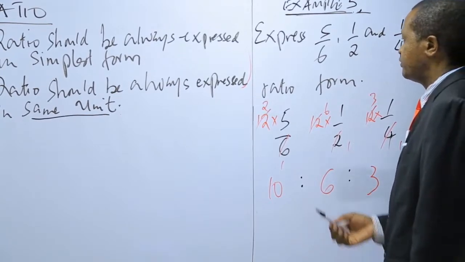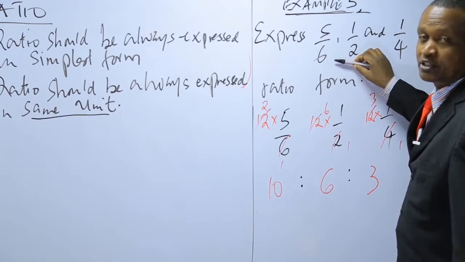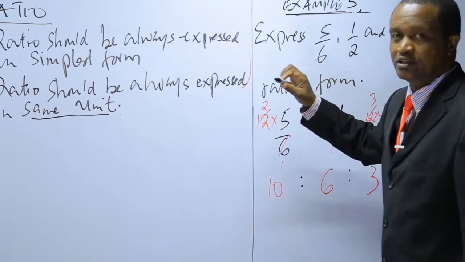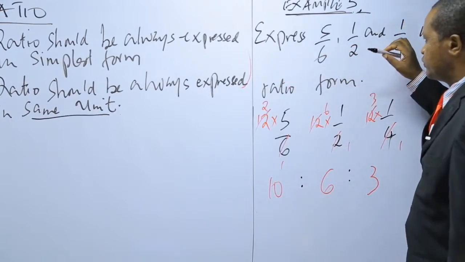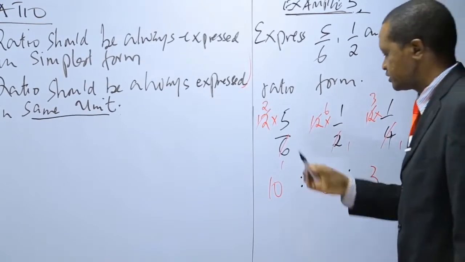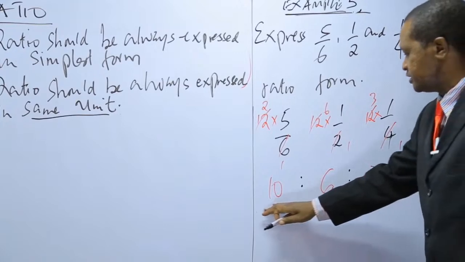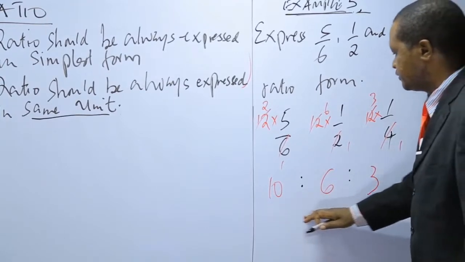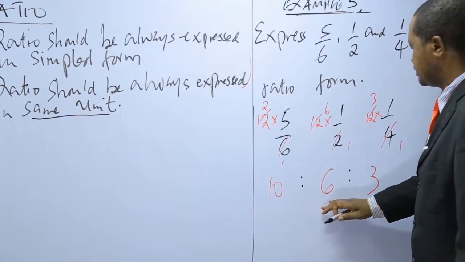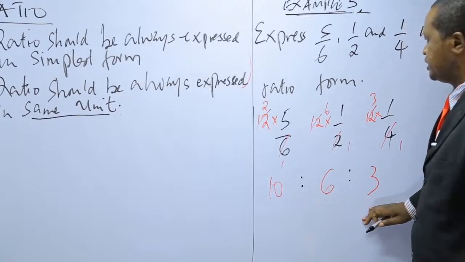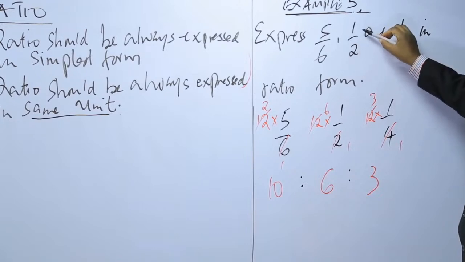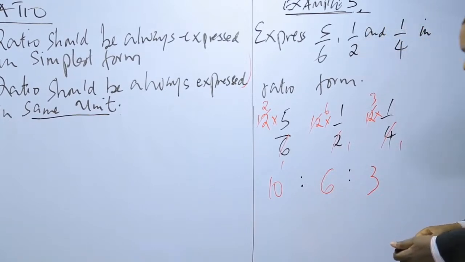So where you have quantities expressed as fractions and you want to convert the fractions to ratio form, we first do away with the denominators, then simplify it to the simplest form. So 10 to 6 to 3 is the ratio form of 5 over 6, 1 over 2, and 1 over 4.